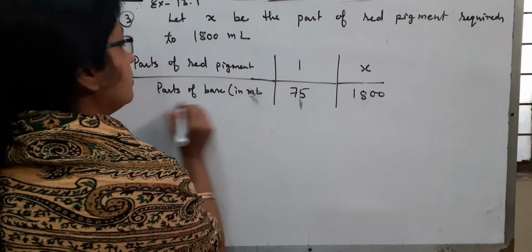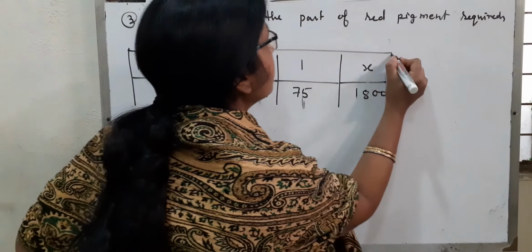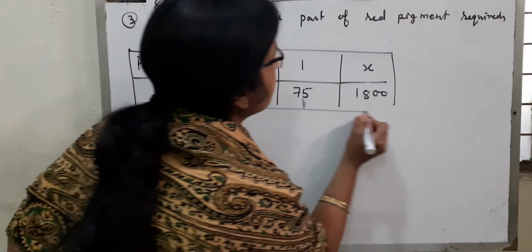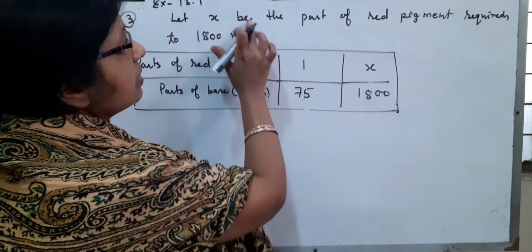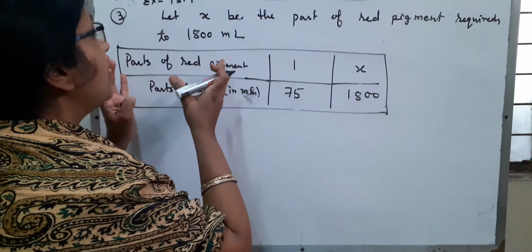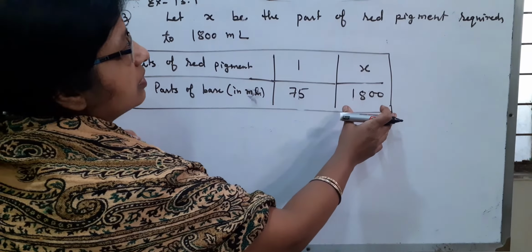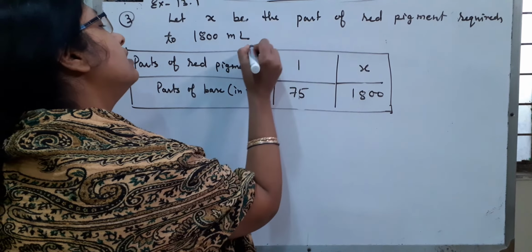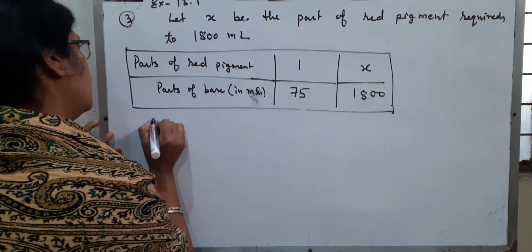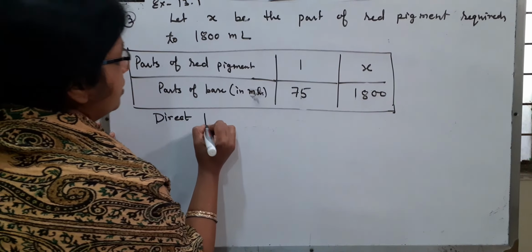Then we prepare the table. This is direct variation, because when the parts of red pigment are more, then the base we need is more. So this is direct proportion.